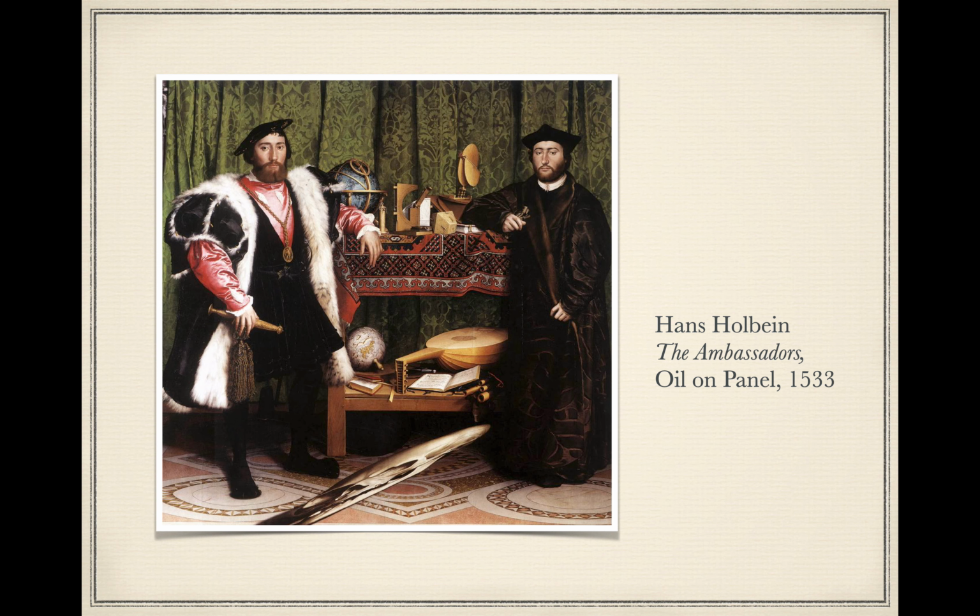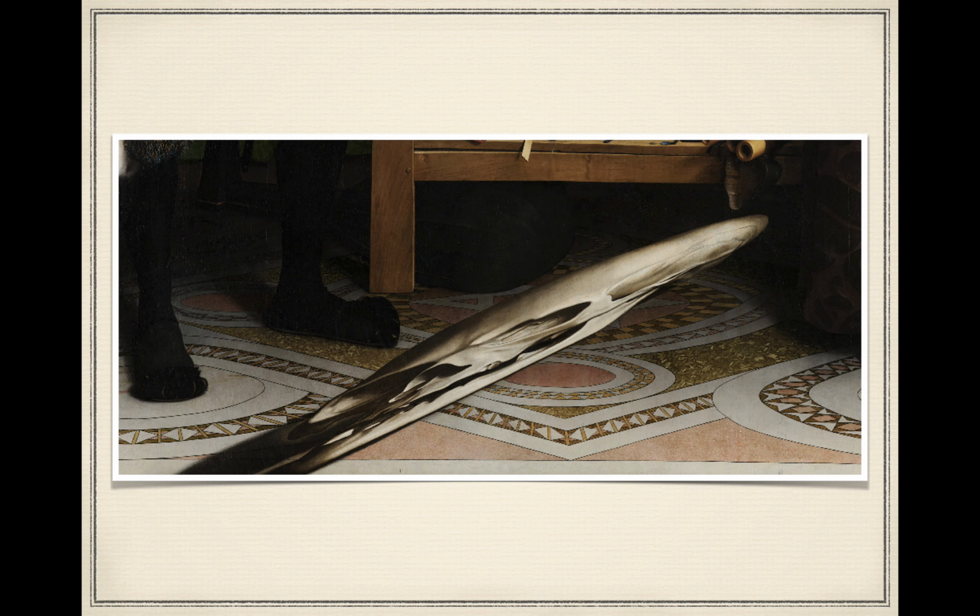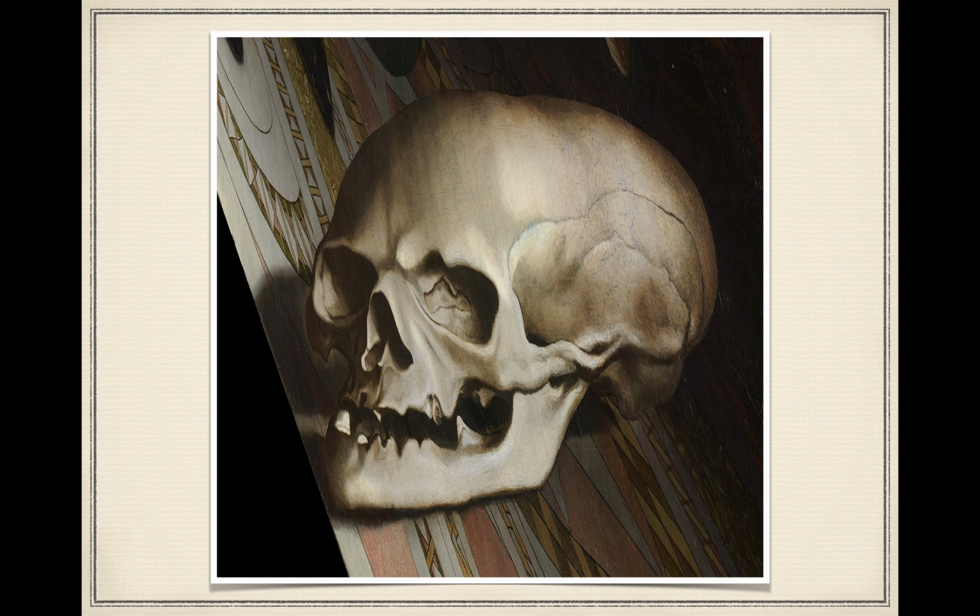And so you're supposed to live with the knowledge that this is all temporary in this life. So that's what a memento mori is. And again, this is one of the most famous ones that there is by Hans Holbein.